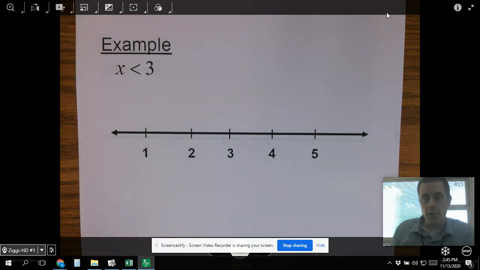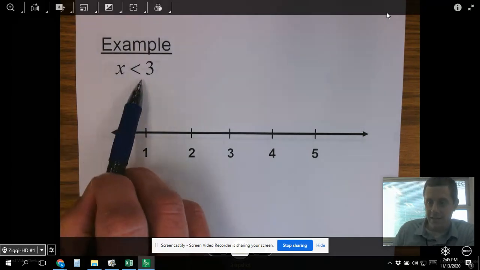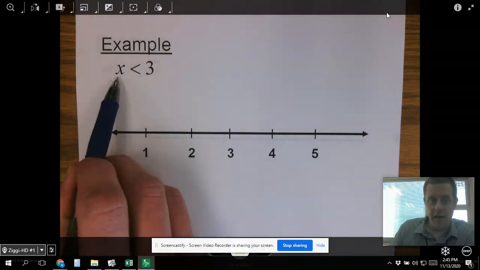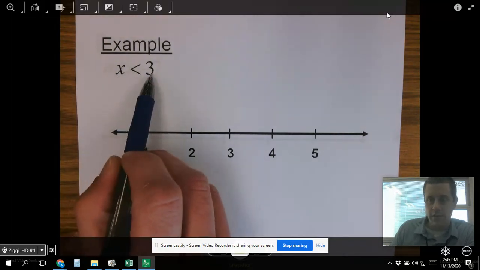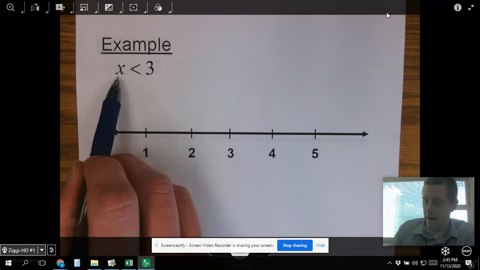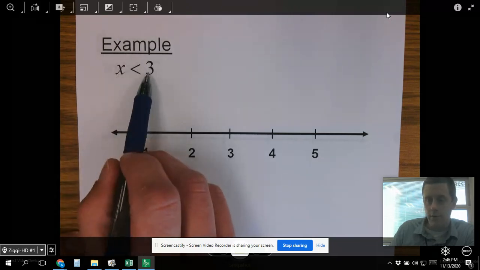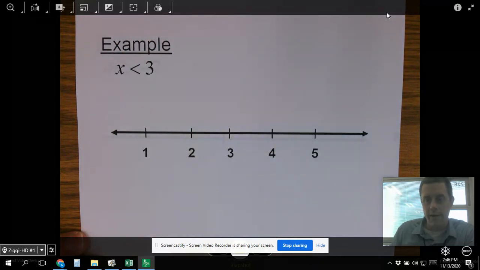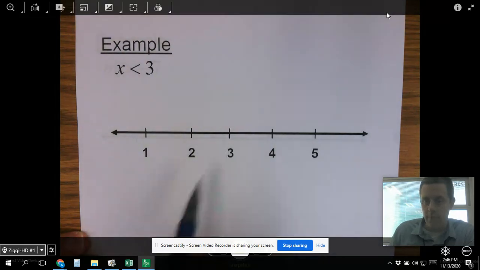All right, so let's graph the inequality x is less than 3. So essentially, I want to create a graph that would show every value that is less than 3. Well, because I'm comparing my variable to 3 in this inequality, my graph is going to begin at the number 3. Now I need to determine what starting mark should I use.